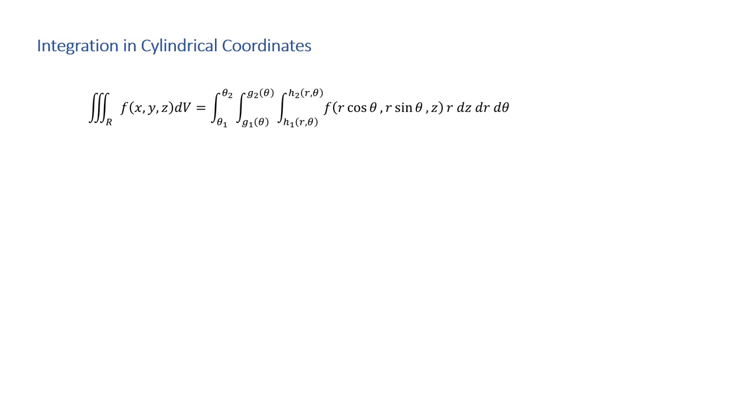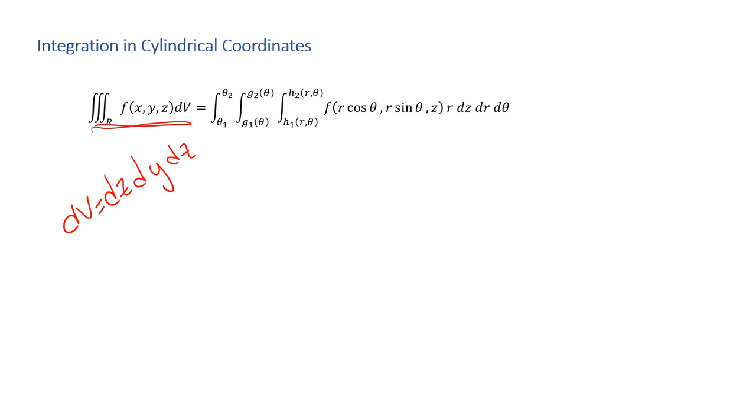And so lots of math up on the screen. What this is saying is if you have a triple integral in rectangular coordinates, that dV is your dz dy dx.